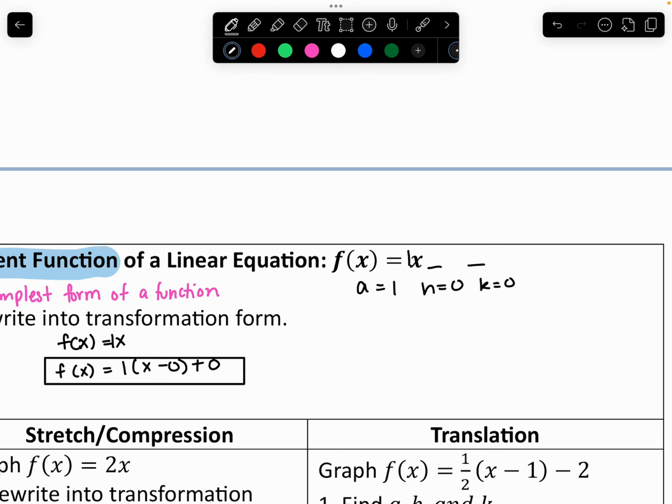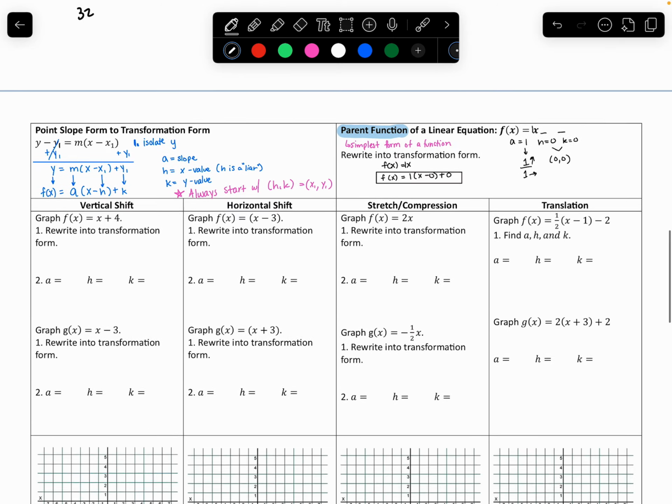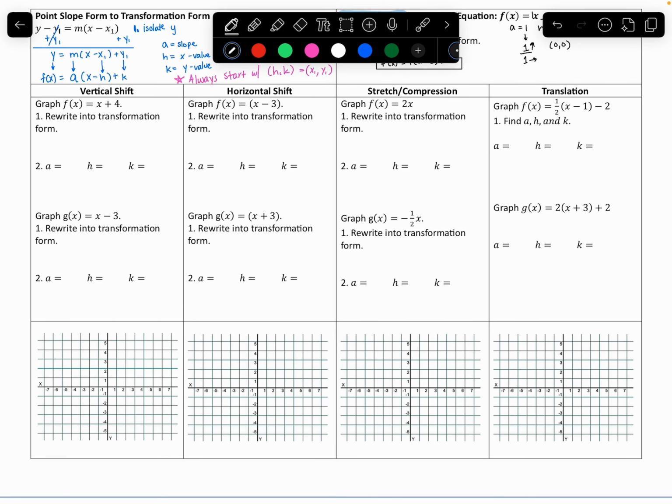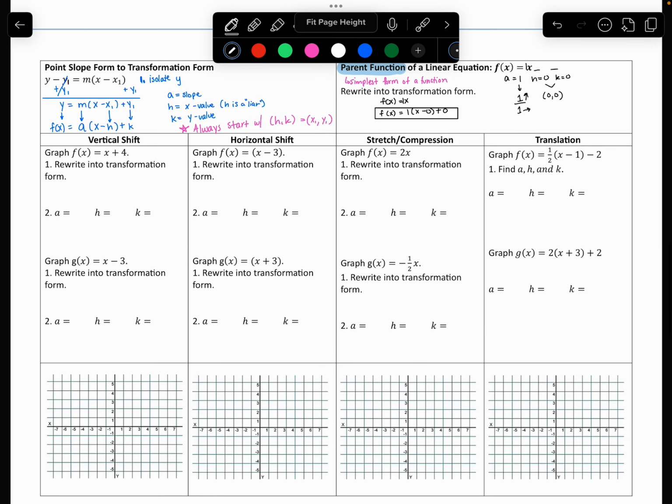Okay, now it's easier to identify your hk. So then our starting point would be at 0, 0, and my slope would be 1 over 1. So I go up 1 to the right 1. So you're going to graph that in pencil.